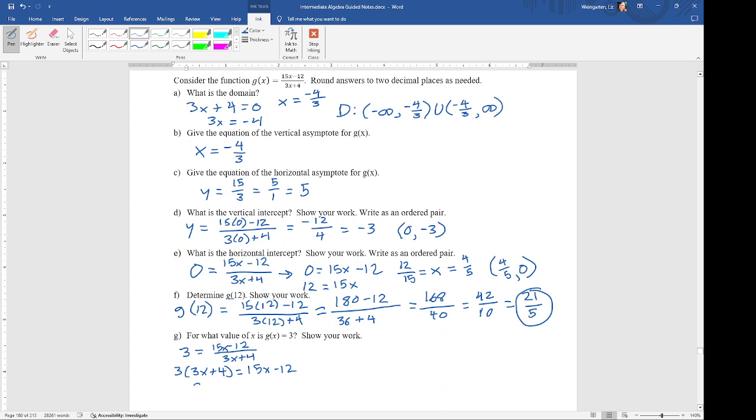Distribute that 3, and I get 9x plus 12 equals 15x minus 12. I'm going to subtract 9x from both sides. Add 12 to both sides. And finally divide both sides by 6. And we get x equals 4.